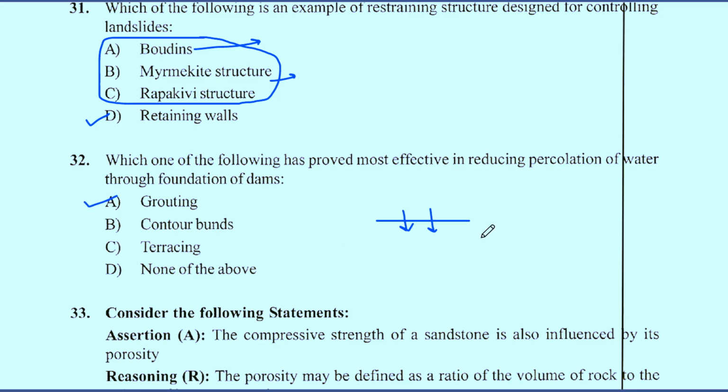Grouting is generally done where there is weak rock, and due to that water can penetrate through and further affect the structure. The structure may be damaged, or in future if more water is there, the dam may be destroyed. So we will do grouting. Grouting can also be done in tunnels and landslides.